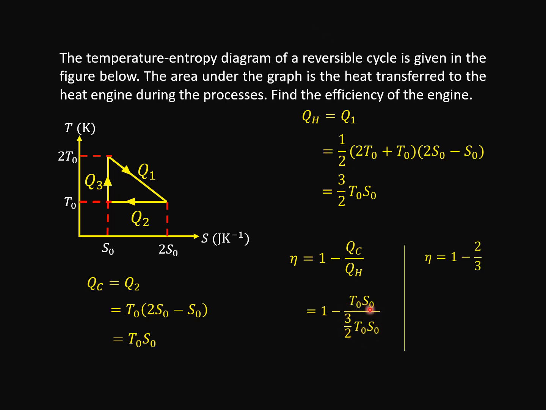So T naught and S naught can be cancelled. In the second term, we will obtain the reciprocal of 3 over 2, that means it is 2 over 3. So eta is 1 minus 2 over 3. And finally, we obtain that the efficiency of this engine is equal to 1 over 3.